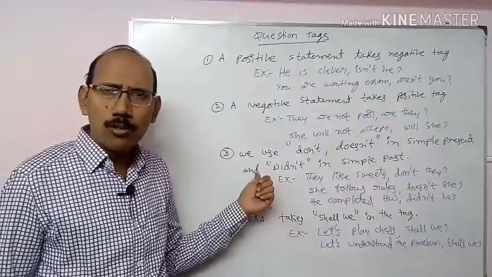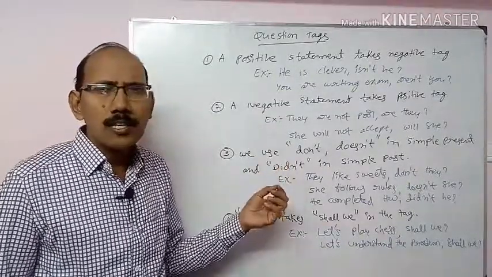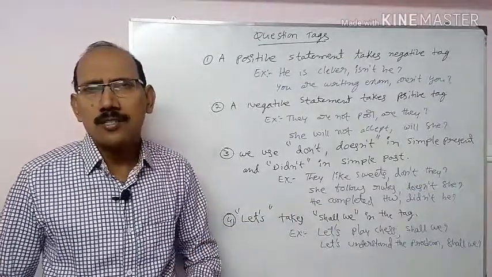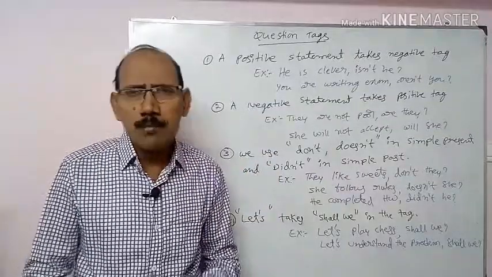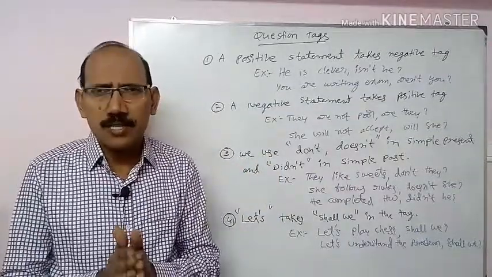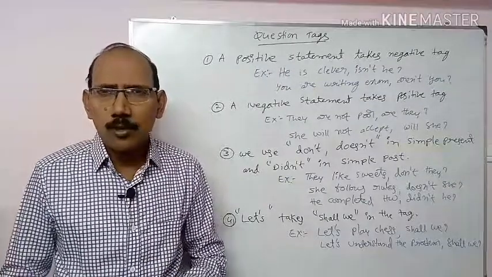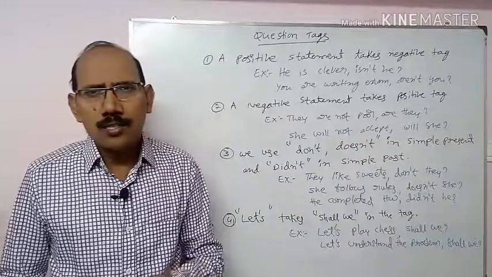Look at the third point. In fact, the third point is also undoubtedly based on the first and second points, but it requires some grammatical knowledge, especially knowledge of tenses. We use "don't" and "doesn't" in simple present tense sentences. If the statement is a simple present tense statement, automatically we need to use either "don't" or "doesn't".